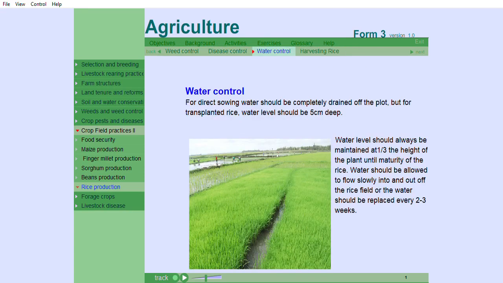Water control. For direct sowing, water should be completely drained off the plot, but for transplanted rice, water level should be 5 centimeters deep.